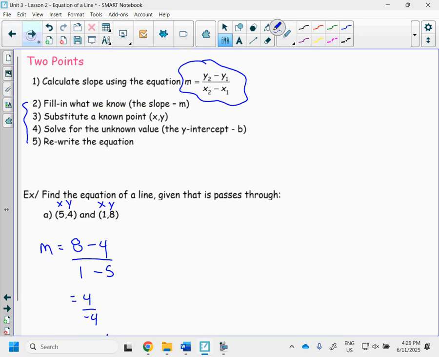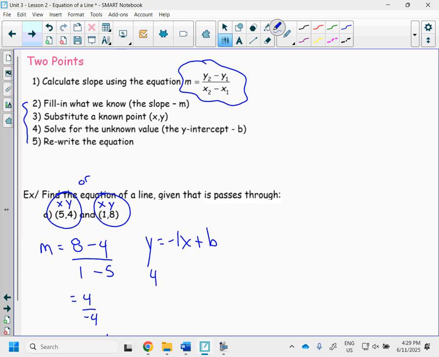Same idea. I can write down that y equals mx plus b. I can solve for b if I know an x and a y. Good news, I know 2 pairs. This one or this one. Pick one or the other. Does not make a difference which one. Just don't mix and match. Like, don't pull the 5 from one and the 8 from the other. That doesn't work.